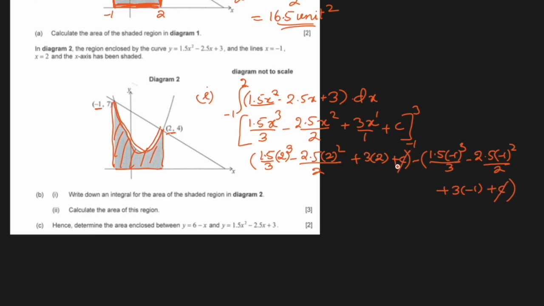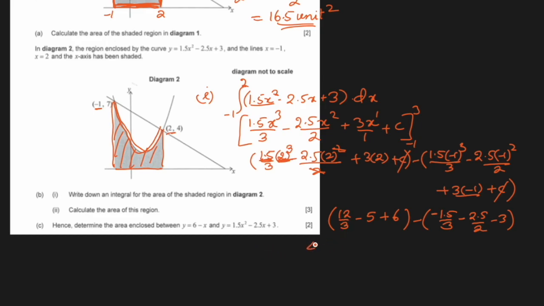Remove the c's first, and now we'll get our answer. 2 cubed is 8. 8 times 1.5 will be 12 over 3, minus, one of the 2's will cancel, so 2.5 times 2 is 5, 3 times 2 is 6, minus. Negative 1 cubed will be negative again, so it will become negative 1.5 over 3. This negative 1 squared will become positive 1, so it won't change any sign. It will become 2.5 over 2. This will become negative 3. And let's open the brackets now.